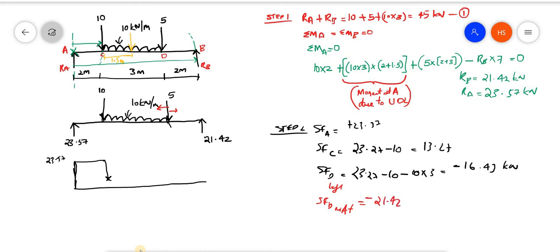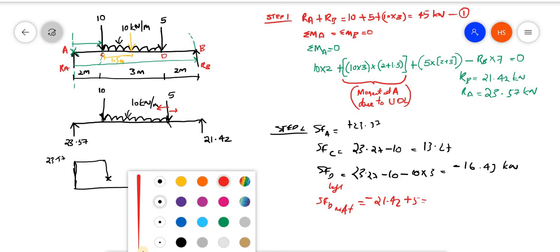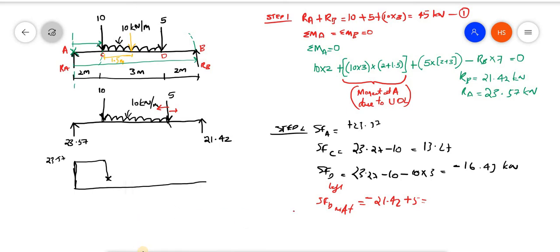Minus 21.42 plus 5, that is 16. So either you can take the left side, so while considering the left side the value will be minus 16.43.